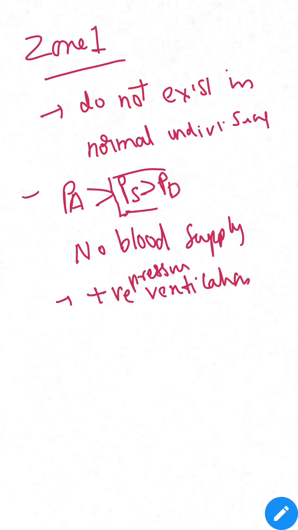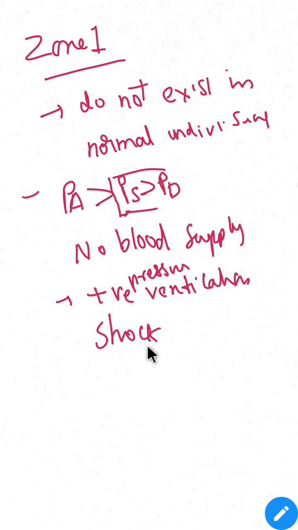So let's see the conditions where we will see a decrease in systolic and diastolic pressure. Usually this is seen in shock. Here what happens is there will be hypovolemia, right? Due to this hypovolemia, this results in hypotension.